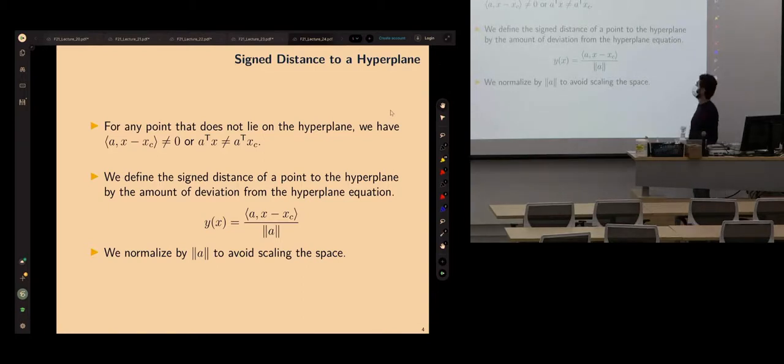A quick recap of distance. Everything started from hyperplanes, talking about dividing the space into 2 sides.